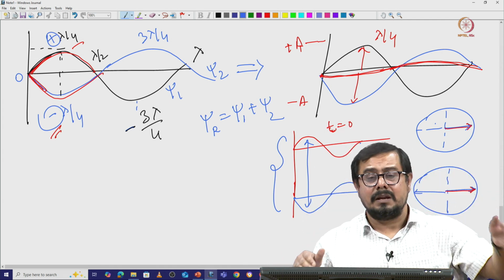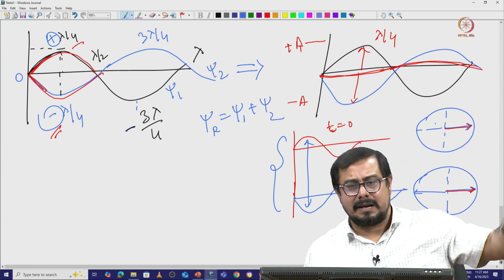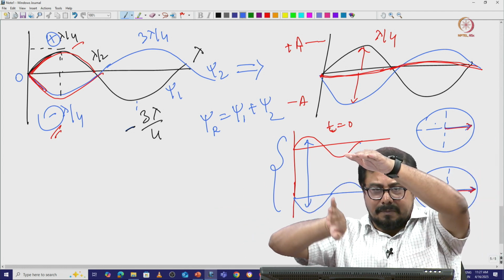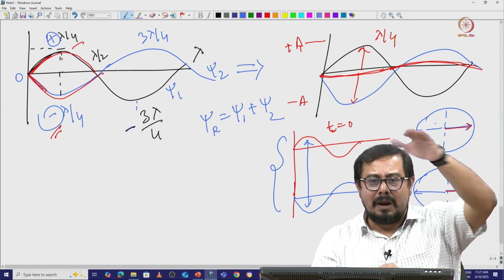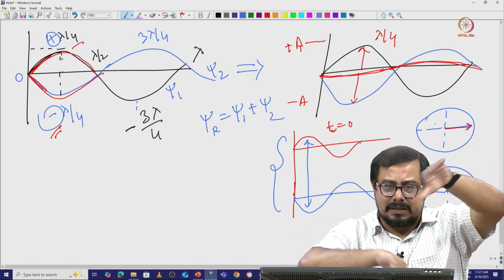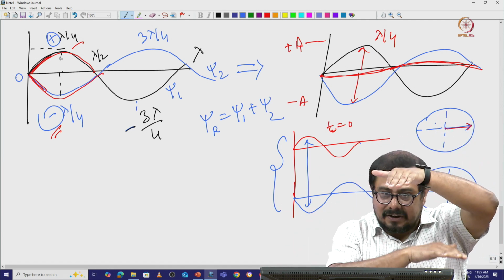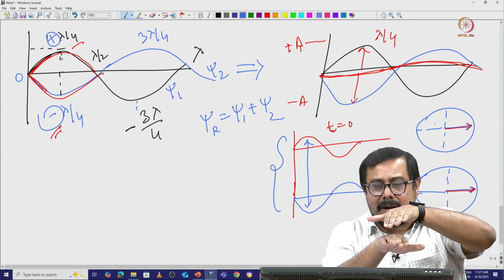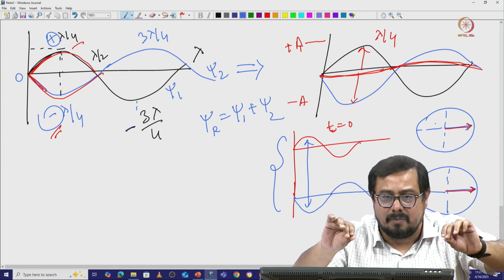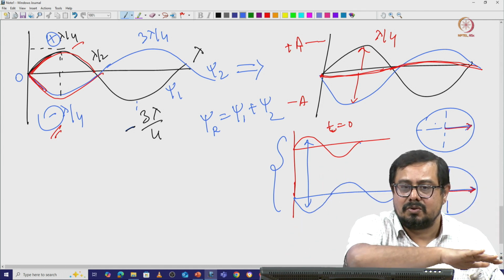On the other hand, if the wave propagates in this direction and the other wave is going in this direction, what will happen? There is a phase difference between these two, so they will just neutralize each other. So, you can see a small wave going.